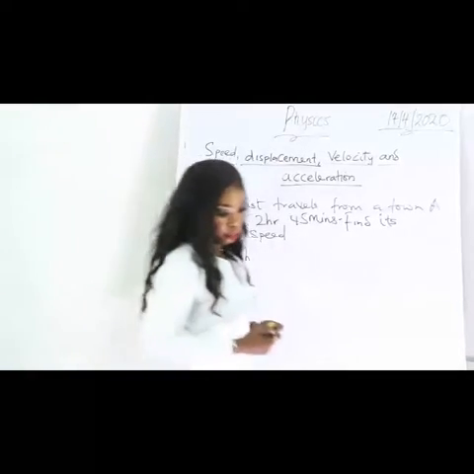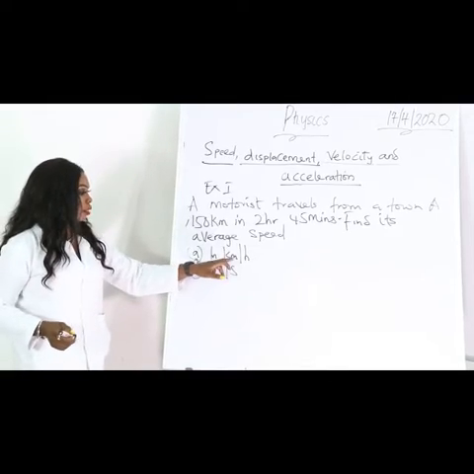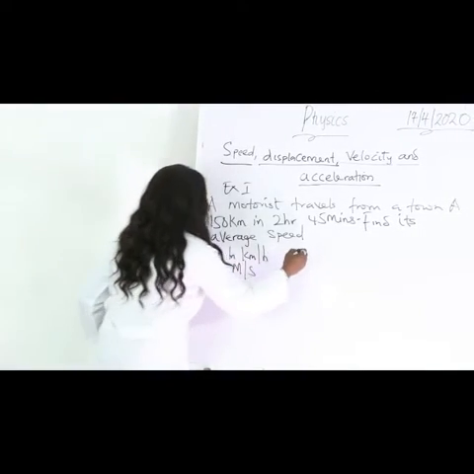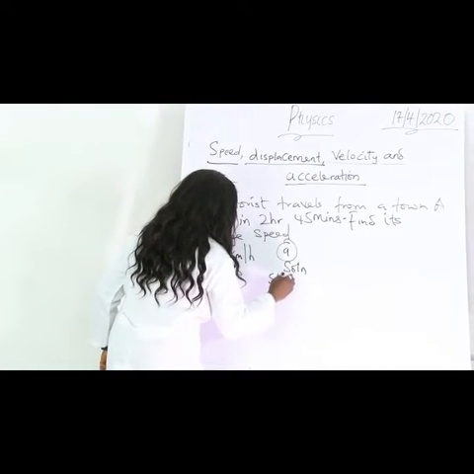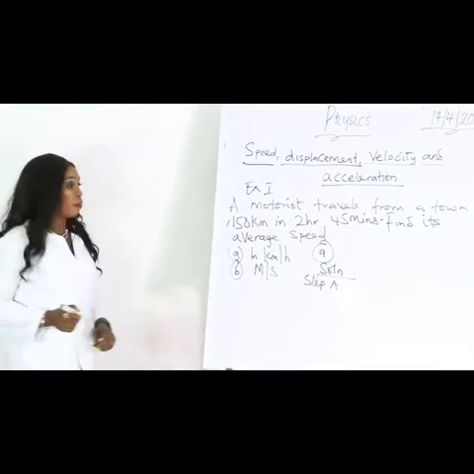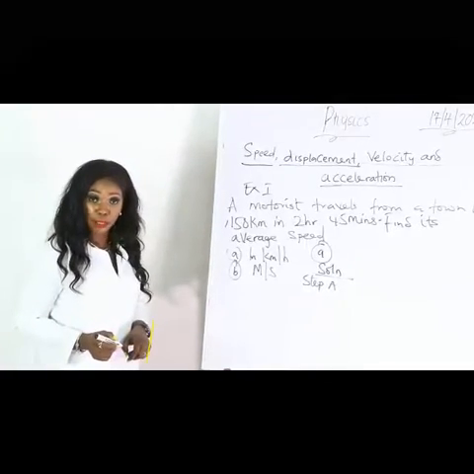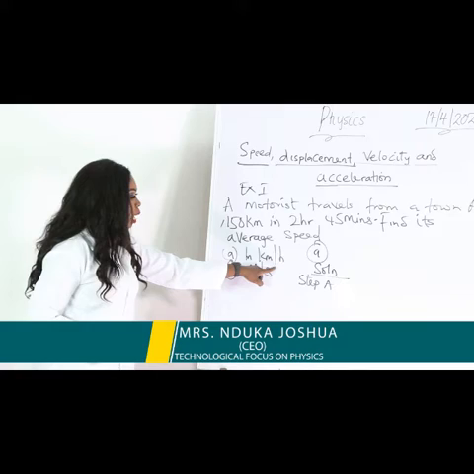So, firstly, we want to quickly solve that which has got to do with kilometer per hour. So, A, solution. Step A. What do we do? Locate the parameters. Our distance, remember that distance is measured in meter. But our question here is kilometer per hour.